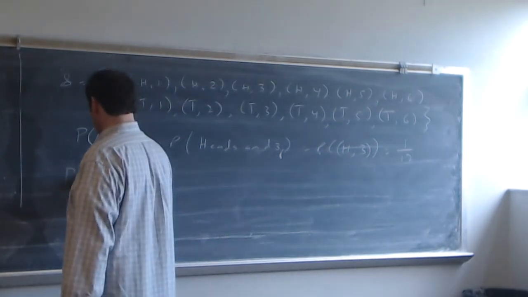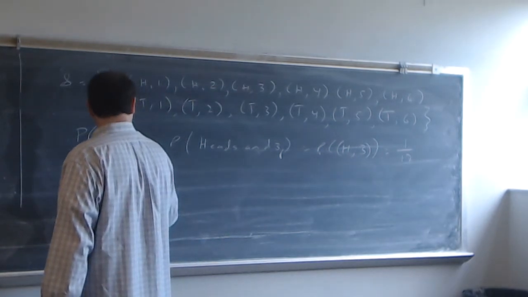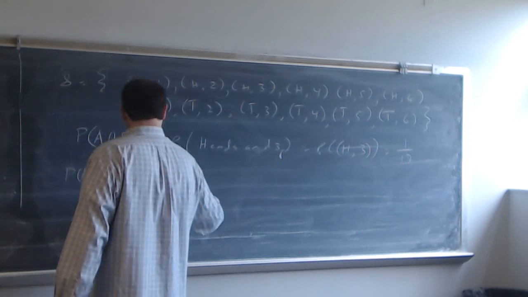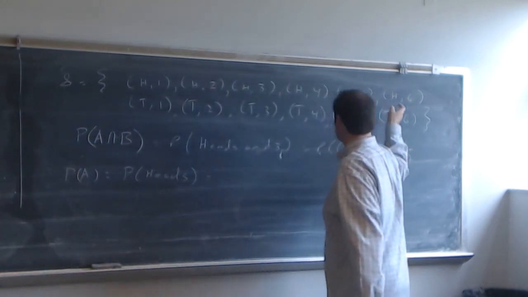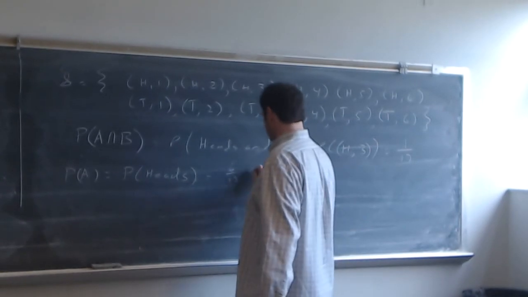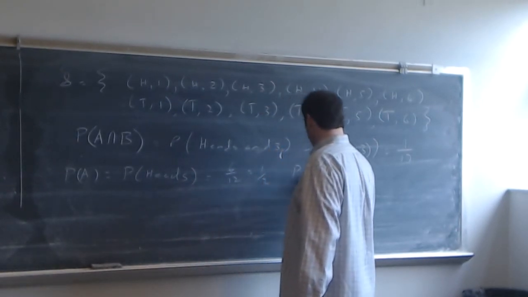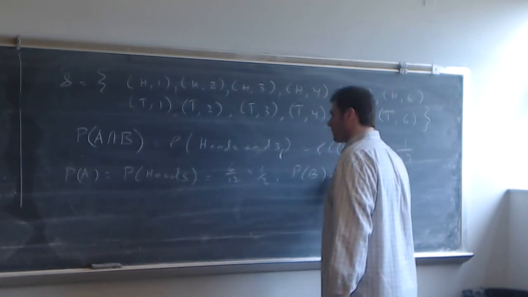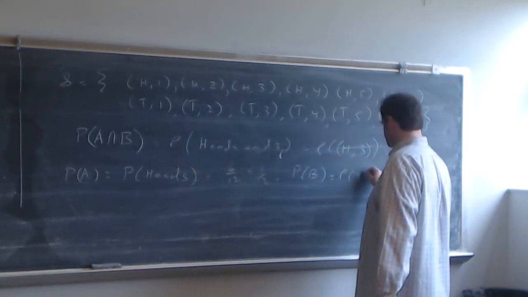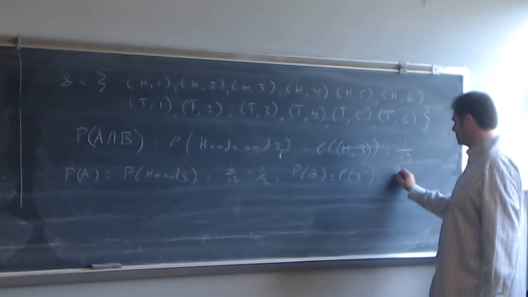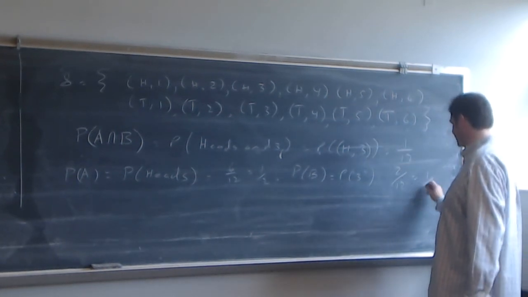Now, the probability of A, that's equal to the probability of heads, the ways that you can get a head, there are 6 of them out of 12, so that's 1/2. The probability of B, that's the probability of the 3, and the number of outcomes that have 3s in them are 2 out of 12, that's 1/6.